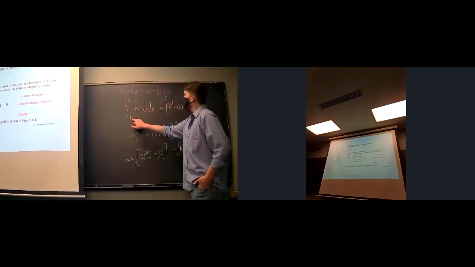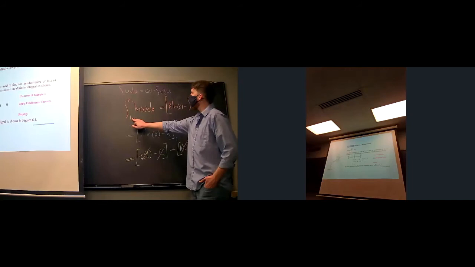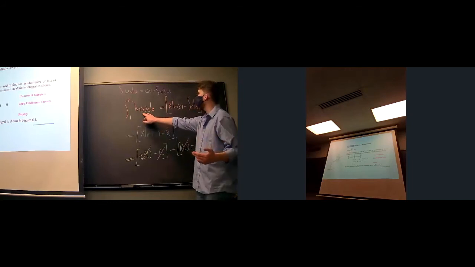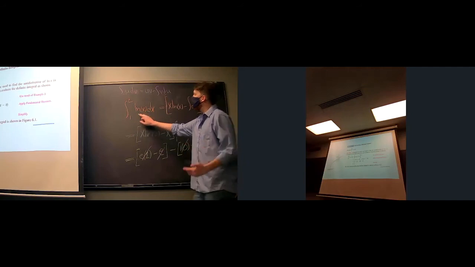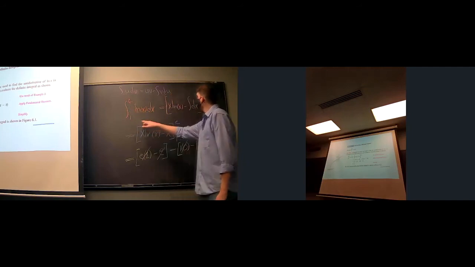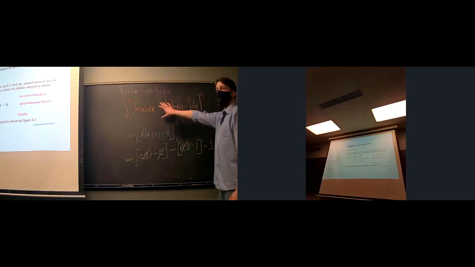So what I was saying, working from start to finish on this: when we have a definite integral that we have to apply by parts on, the easiest way to keep track of your bounds is going to be using that bracket notation I was talking about at the very beginning of the definite integral chapter.